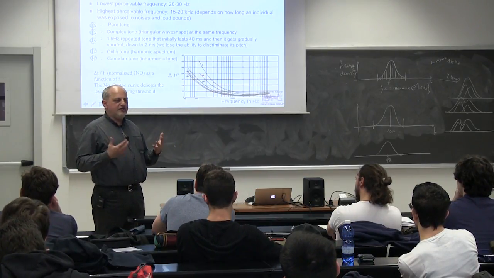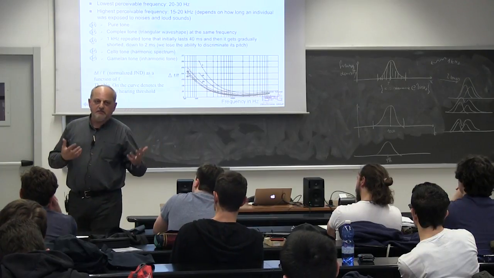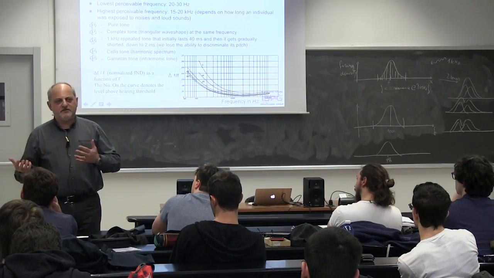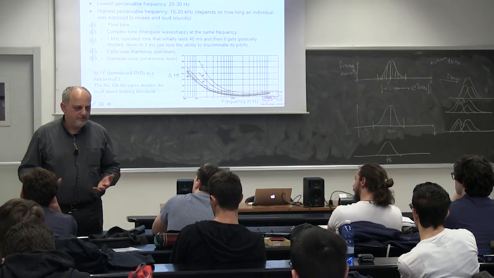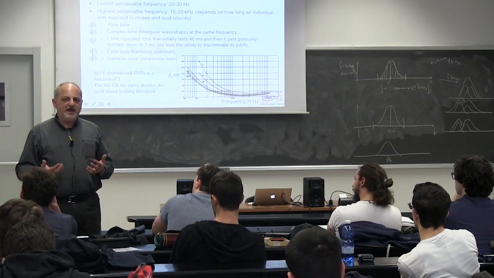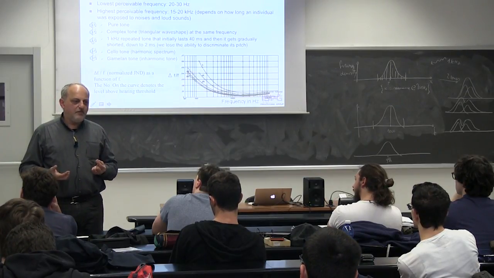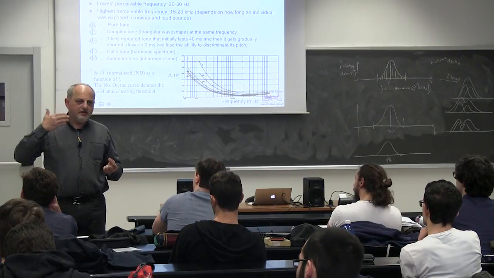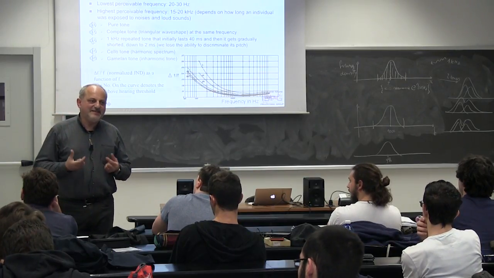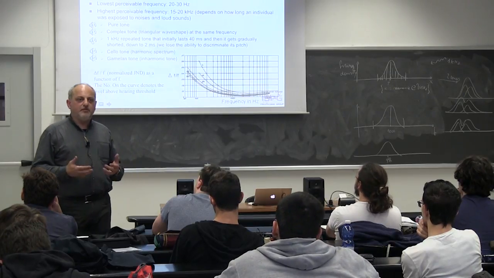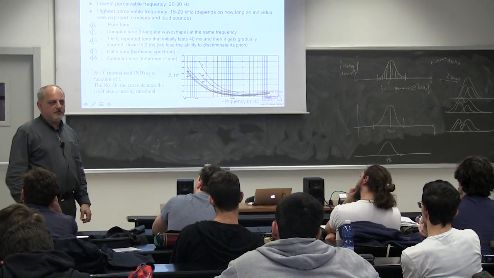Now, the duration in this case is in the order of 50, 60 milliseconds. If anything doesn't last long enough, it will be very small compared to the 60 milliseconds, and the ear will not have enough time to discern frequency content.